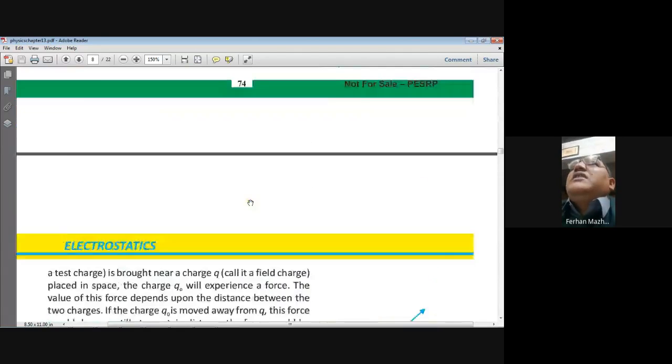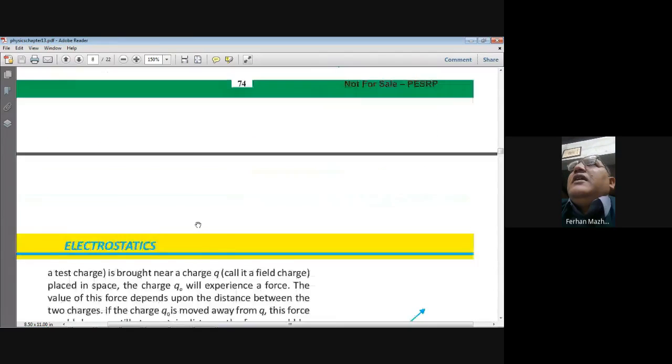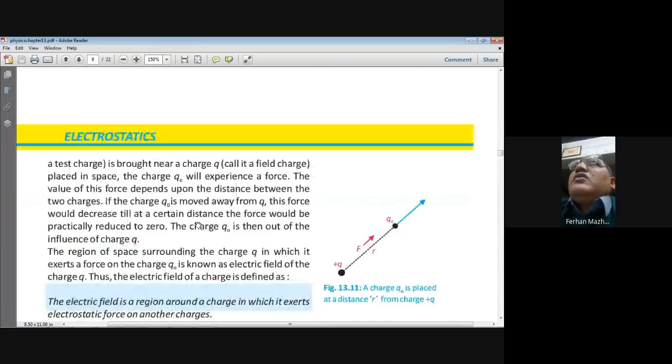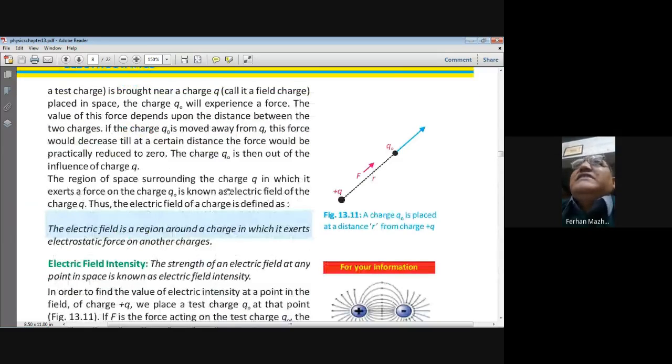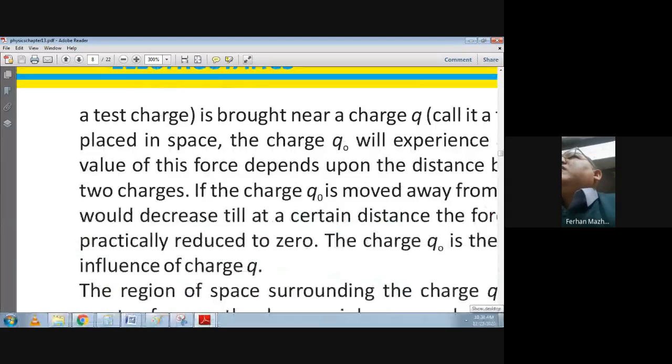Another very important thing is the electric field and electric field intensity. So try to understand what I'm saying. For example, here I have a positive charge. You can see this diagram on your screen. Let me increase the size and bring it in front.